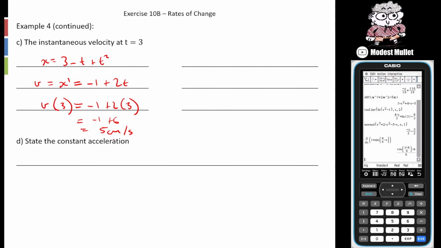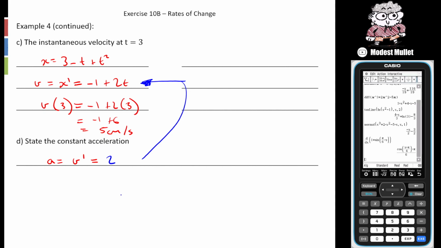And then state the constant acceleration. This is a bit of a giveaway to what happens when we differentiate the velocity, because acceleration is equal to the derivative of velocity. So we're taking the derivative of the velocity equation. Negative 1 becomes 0, and 2t just becomes 2.